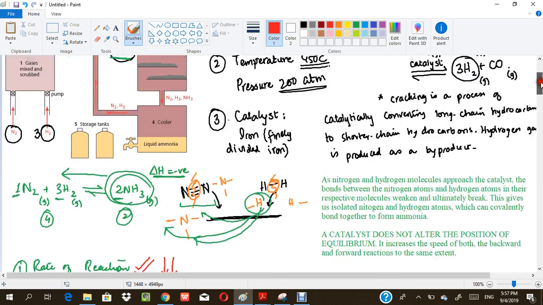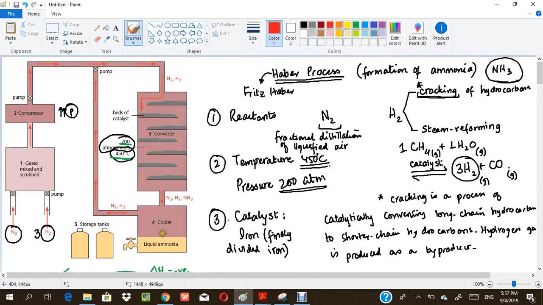And it's for this reason, if you take a look at this diagram, we see that what leaves this converter is nitrogen, hydrogen, and ammonia. This is very significant. And it's for this reason why, if you take a look at this cooler, a pipe is escaping this cooler. And what is in this pipe?